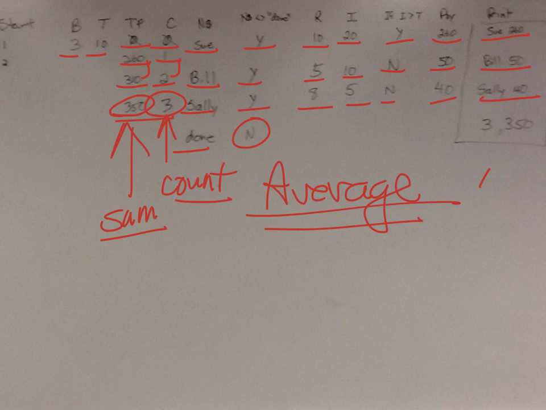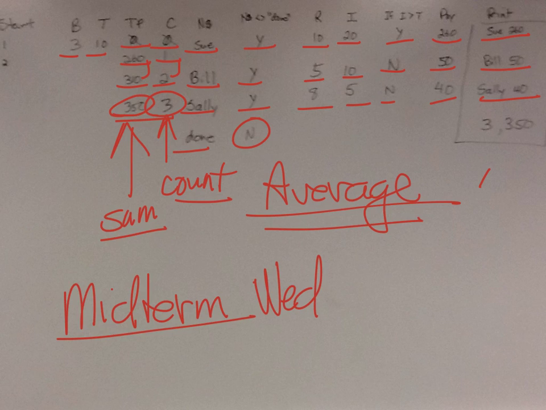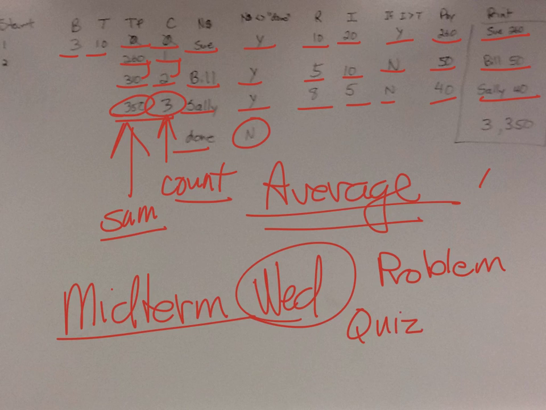Alright, we talked about the midterm on Wednesday, and I'm going to take off the problem. So at the first part of class we'll have a quiz on iteration, and then we'll have the midterm, the second half of the class.